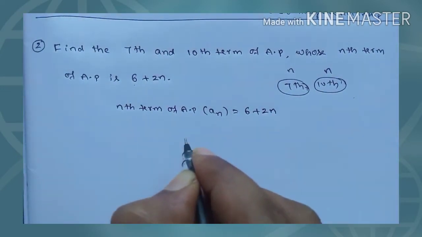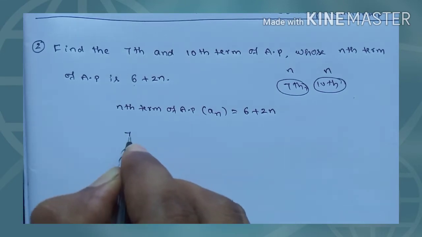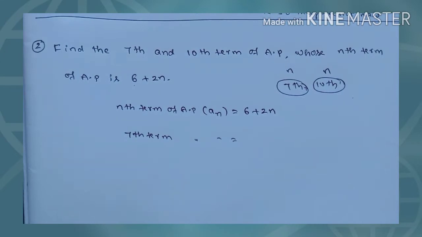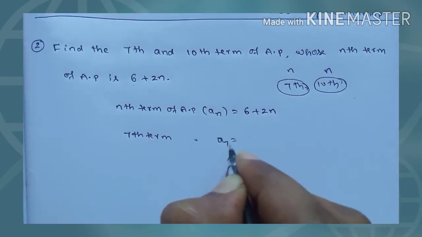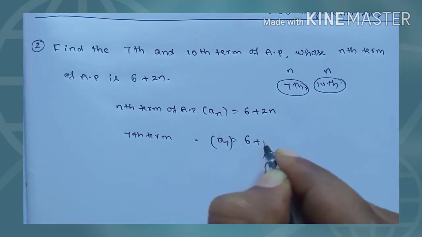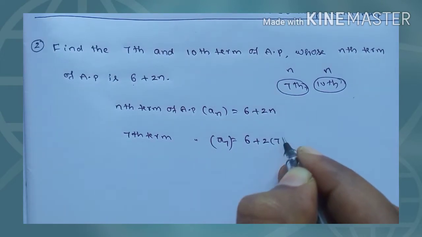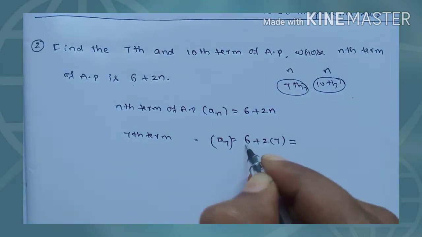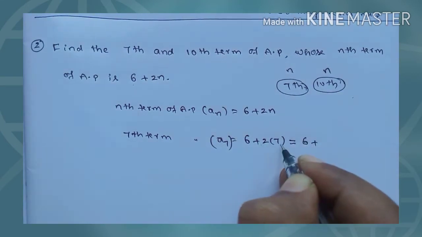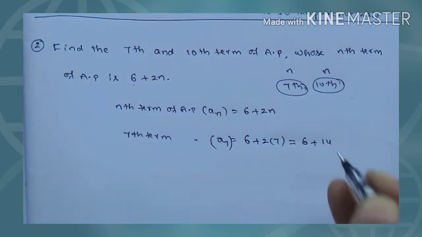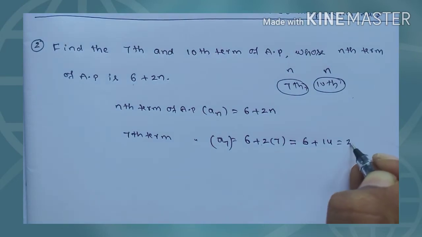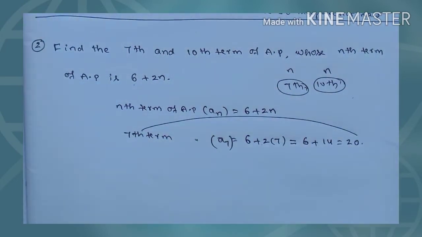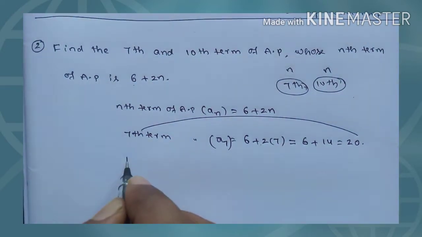So to find the 7th term of AP, a7, is equal to 6 plus 2 into the n value, 7. So the value is 6 plus 2 sevens are 14, 14 plus 6 is equal to 20. So the 7th term of AP is equal to 20.